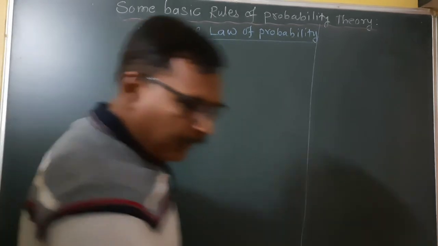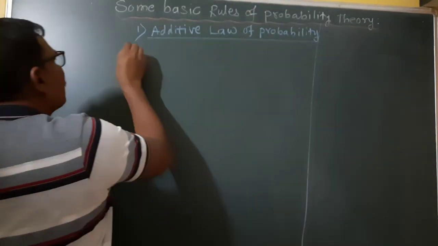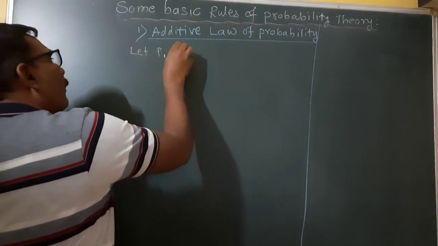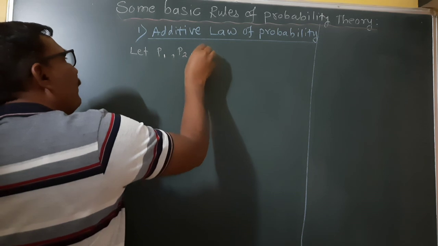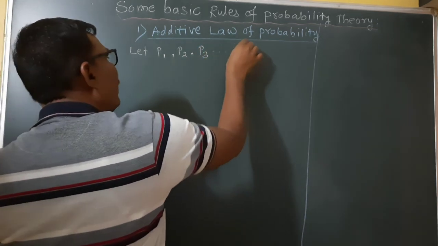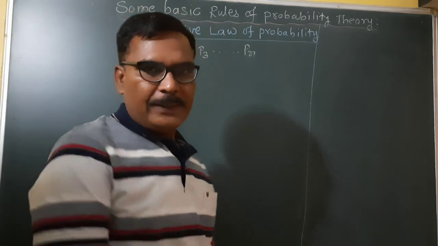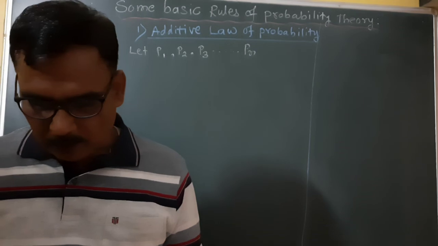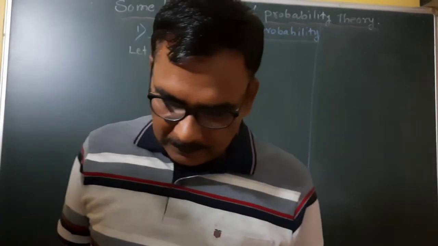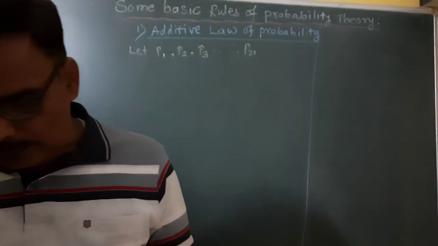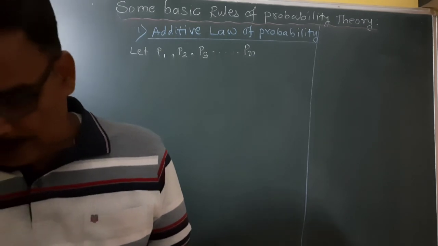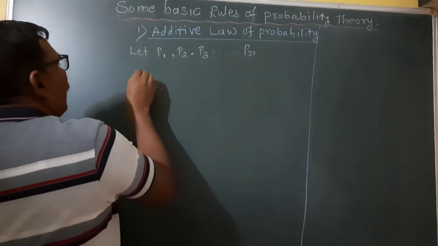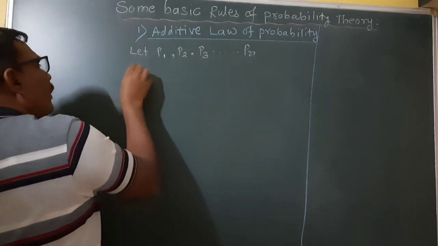Let P1, P2, P3, up to Pn be the probabilities of the events. The probability that one of them occurs is the sum of the probabilities, and that is the additive law of probabilities.